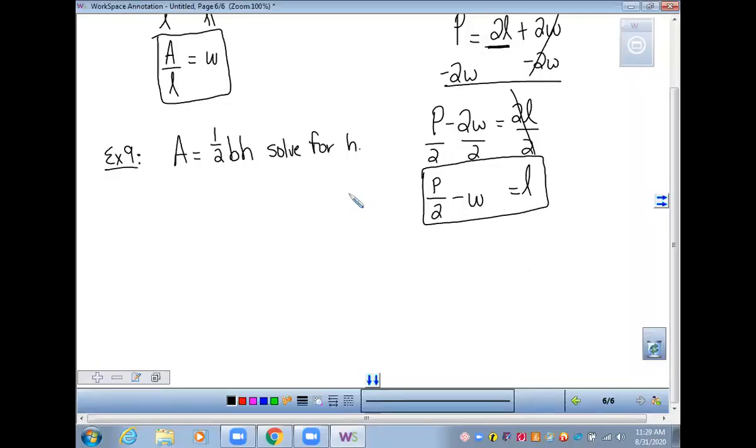We want to get H by itself. How do you think we might start that? How could we get rid of the 1/2?